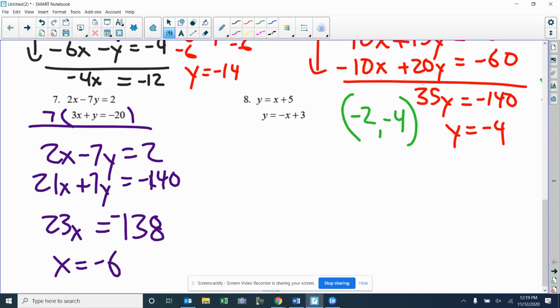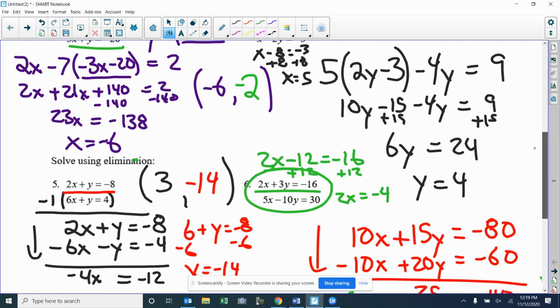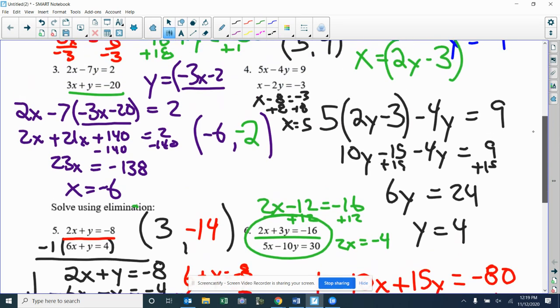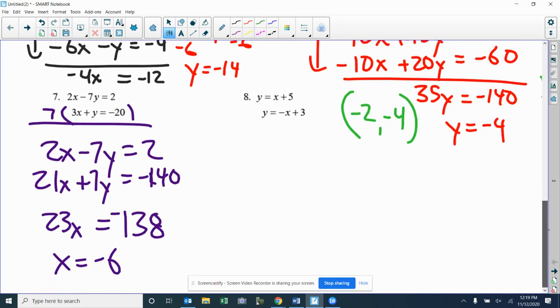Plug that back in and get your y value. Yes, I think it was the same as this problem right there. So that is number 3. But one we did by elimination and one we did by substitution. So your y here is -2.